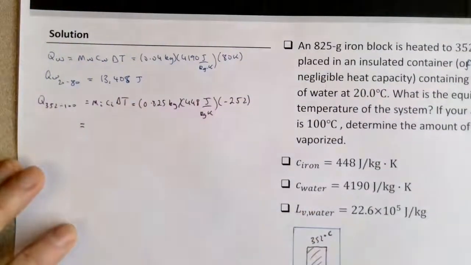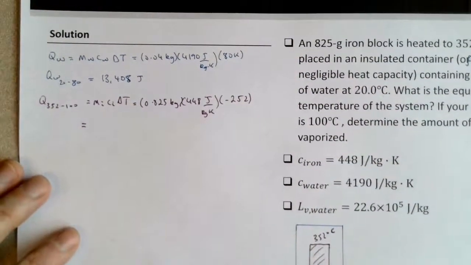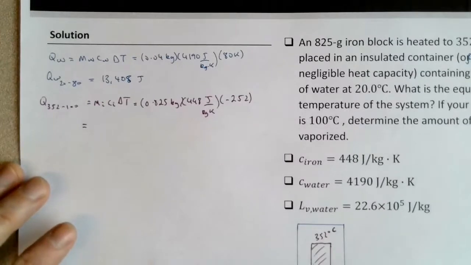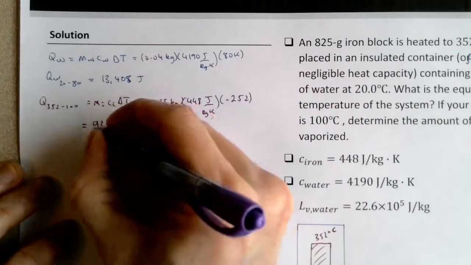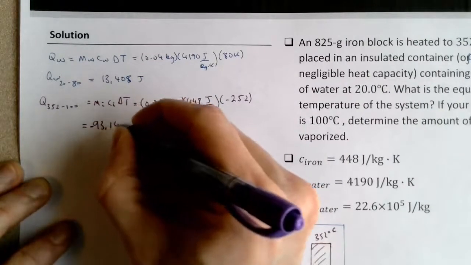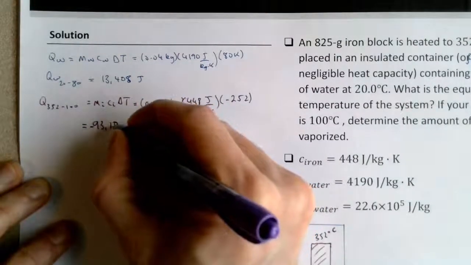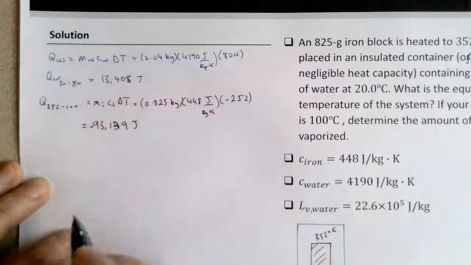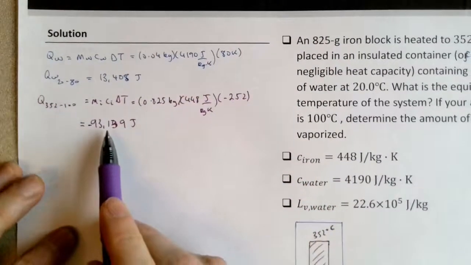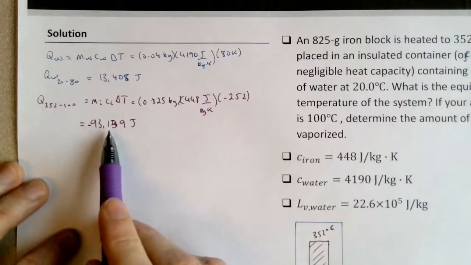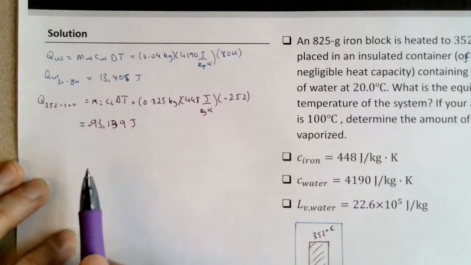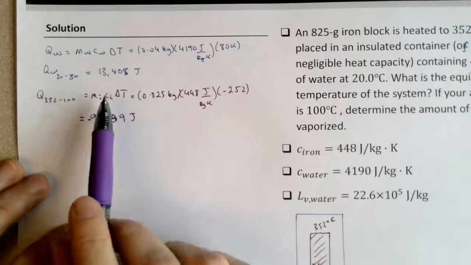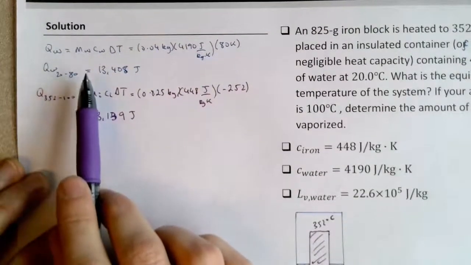So the energy that would have to flow out of the iron to get it to 100 degrees would be about negative 93,139 joules. You can see that getting the iron block down to 100 degrees would take a large amount of energy to be removed from the iron block, and to get the water only up to 100.